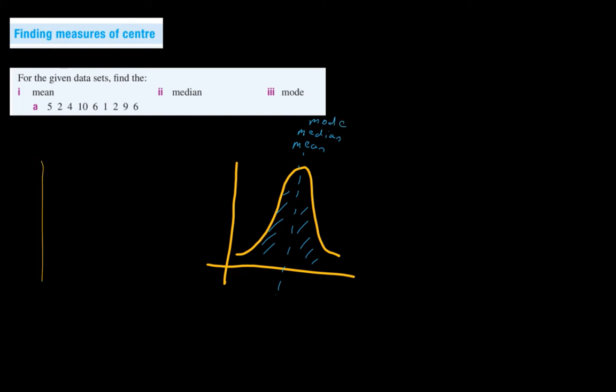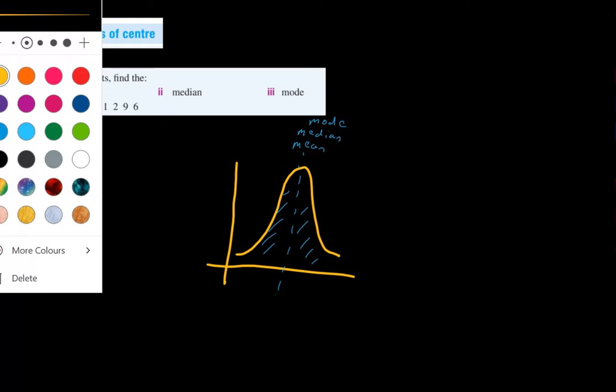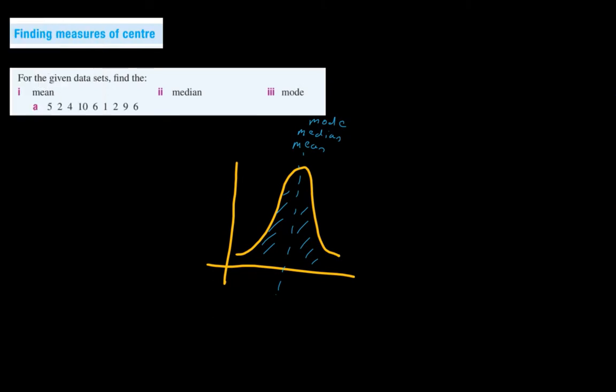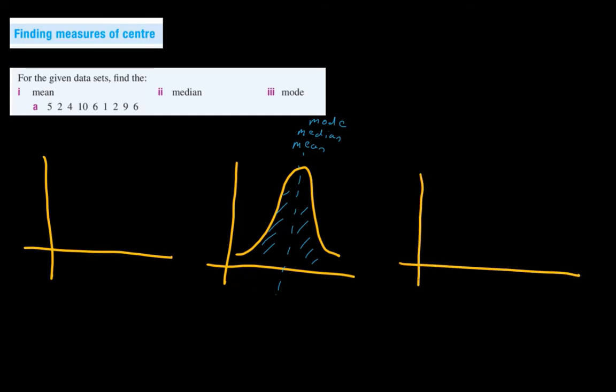Okay, now let's give this data some skew. So we should label this as a symmetric distribution.